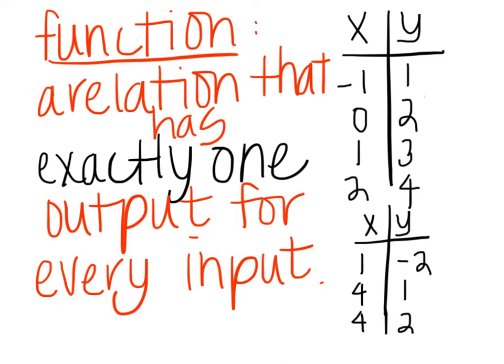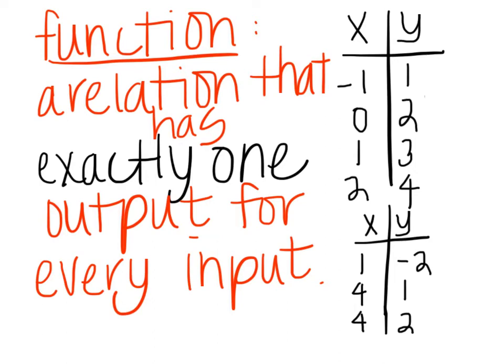And you can tell just by looking at these charts, or they could be written as ordered pairs. And you can tell whether or not this is a function, because if you have any x values that are repeated, then it is not a function.